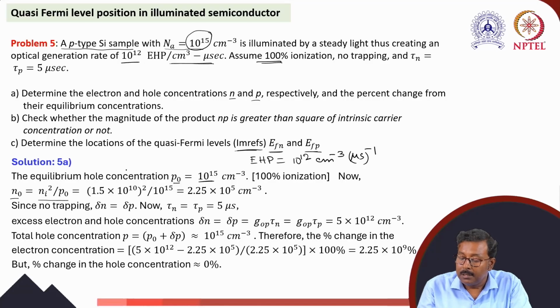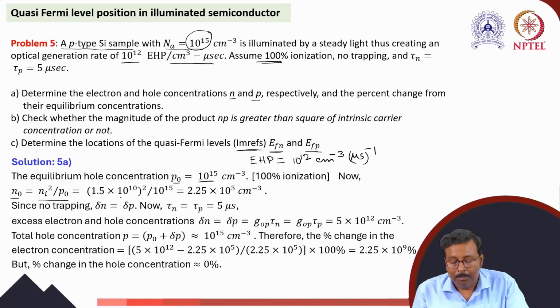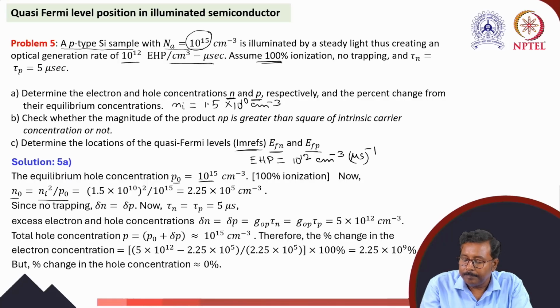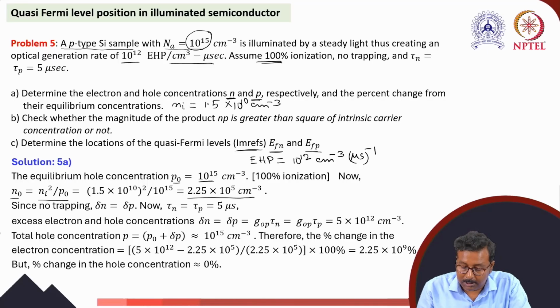So if Ni is given, then you have to consider that value. Otherwise 1.5 into 10 to the power 10 you can consider. Generally this value will be provided to you in the problem. In that case, Ni value is equal to 1.5 into 10 to the power 10 per centimeter cube. This is suppose given. This will be the equilibrium electron concentration N0.